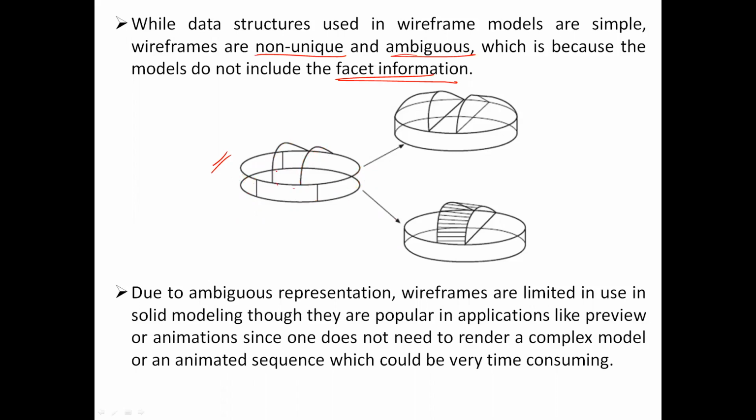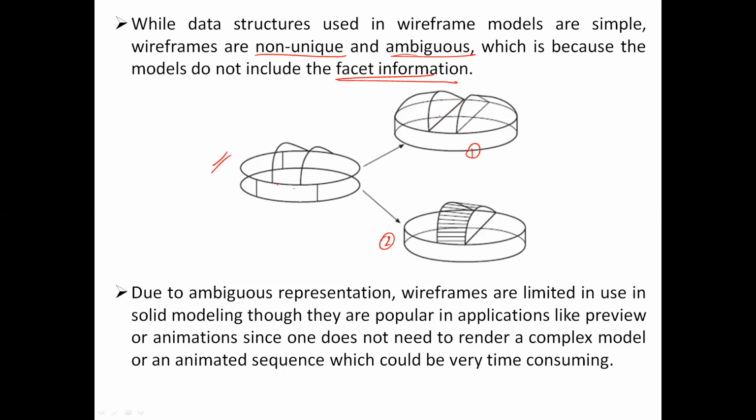For the same product, this is one visualization and this is the second visualization, where this seems to be a pathway, or this seems to be a handle of a basket. So how you are visualizing this product becomes very ambiguous and user dependent.